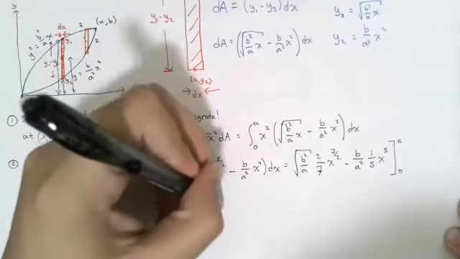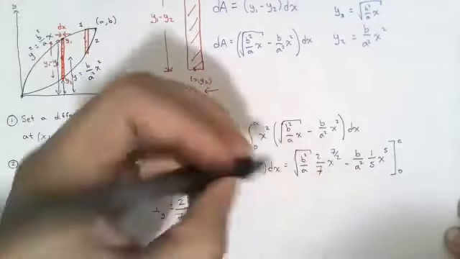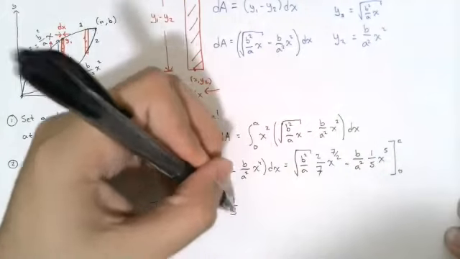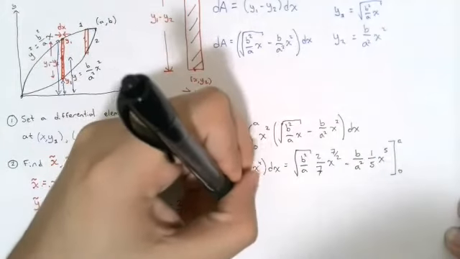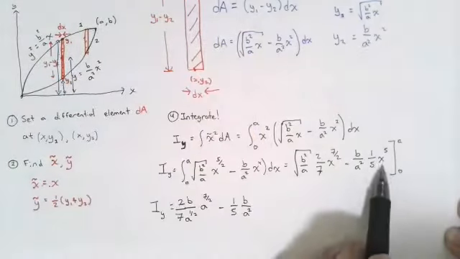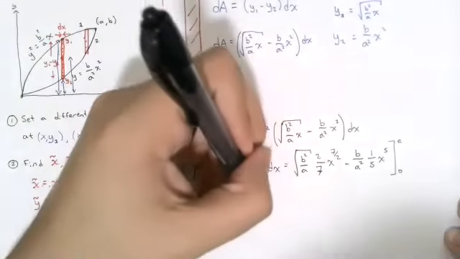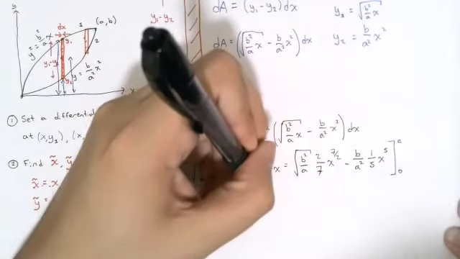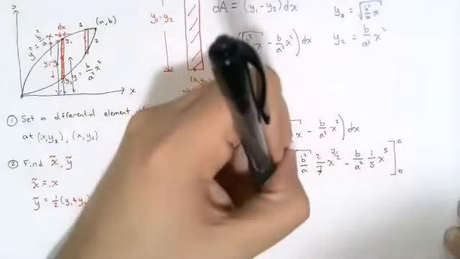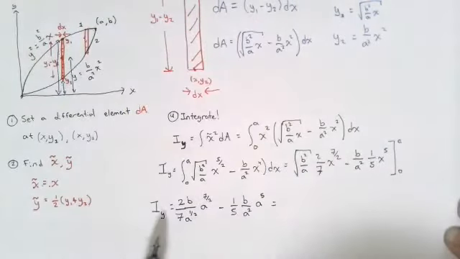Okay. And here, I'm going to move my numerical coefficients to the left. So 1/5 b over a squared times a to the power of 5. A to the 7/2 divided by a to the 1/2 is a to the 6/2.